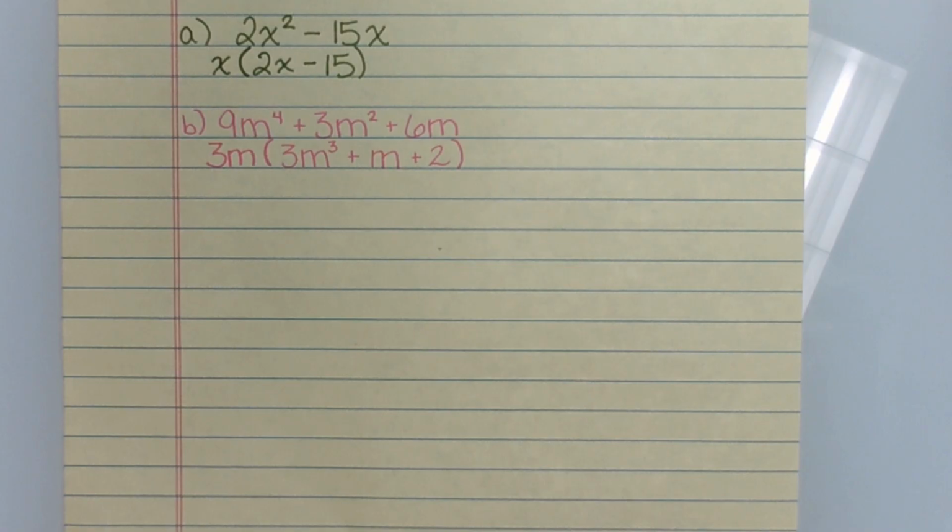Now I have exponents involved, which means it's possible I could factor further. I got an m to the third, I've got a regular m. Generally speaking, there are very few exceptions of when we can factor something further if the exponents don't increase by exactly 1 every time.